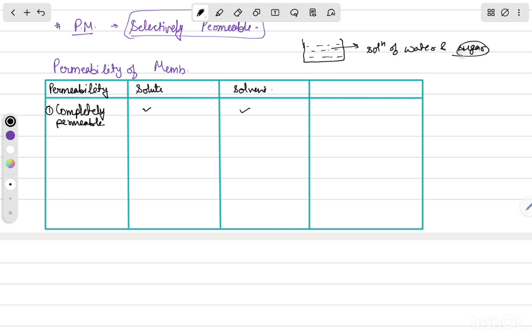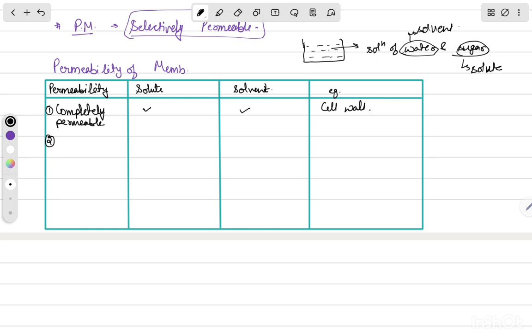So, sugar particles are considered to be solute, while water is considered to be solvent, right? So if any membrane allows the movement of solute as well as solvent, the membrane is considered to be completely permeable. Example of completely permeable membrane is cell wall, right?